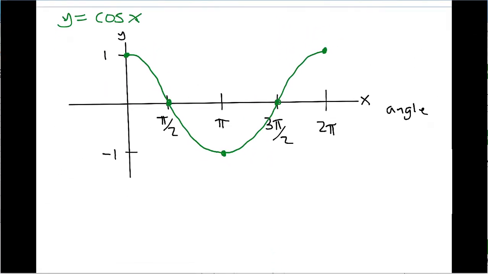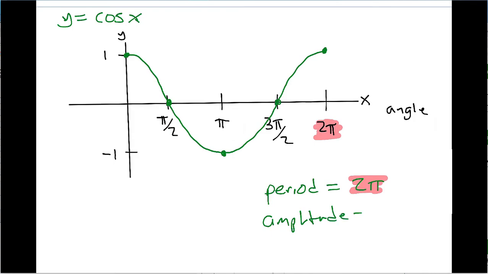So when we think about the period and all the things over here, the period on this one, which is how long it takes to repeat, is 2 pi. It takes 2 pi to repeat. If we take a look at the amplitude on this, it is equal to 1.